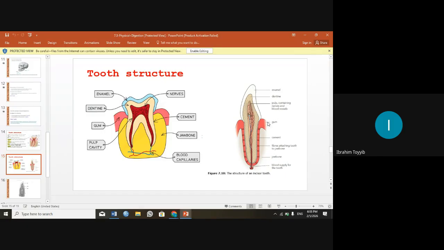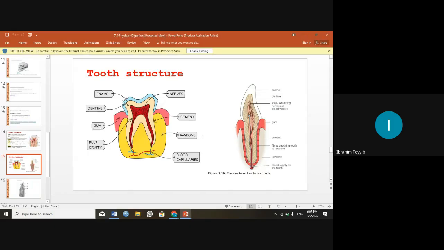Side by side, the one that holds your teeth is the gum. And we have the cement after that gum. We have fibers attaching the tooth to the jawbone. We have the jawbone and we have blood supply to the tooth. So take note of the enamel, the dentine, and the pulp cavity.